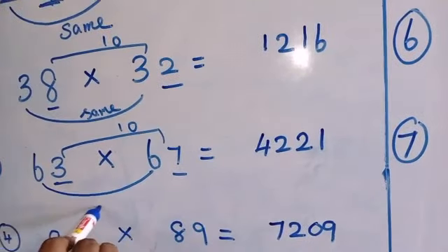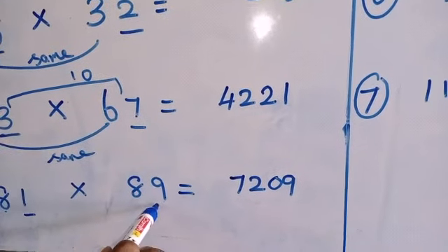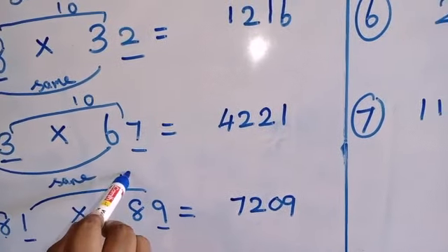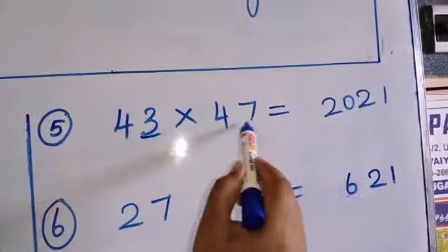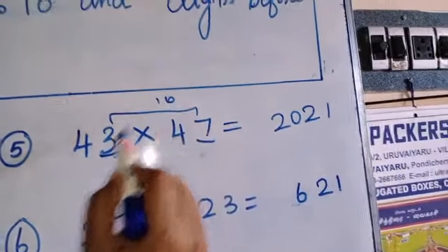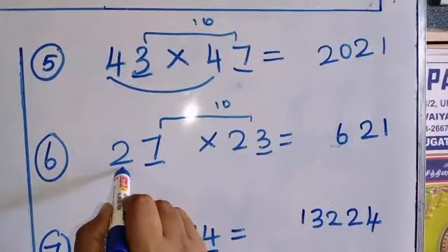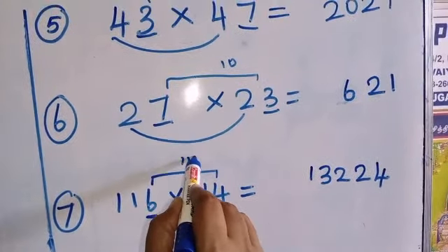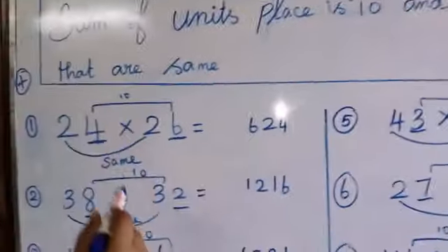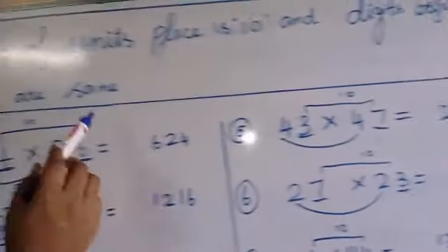Here 9 and 1, and 9 again: the sum is 10 with the same number. 3 plus 7 is 10, 7 plus 3 is 10, 6 plus 4 is 10.